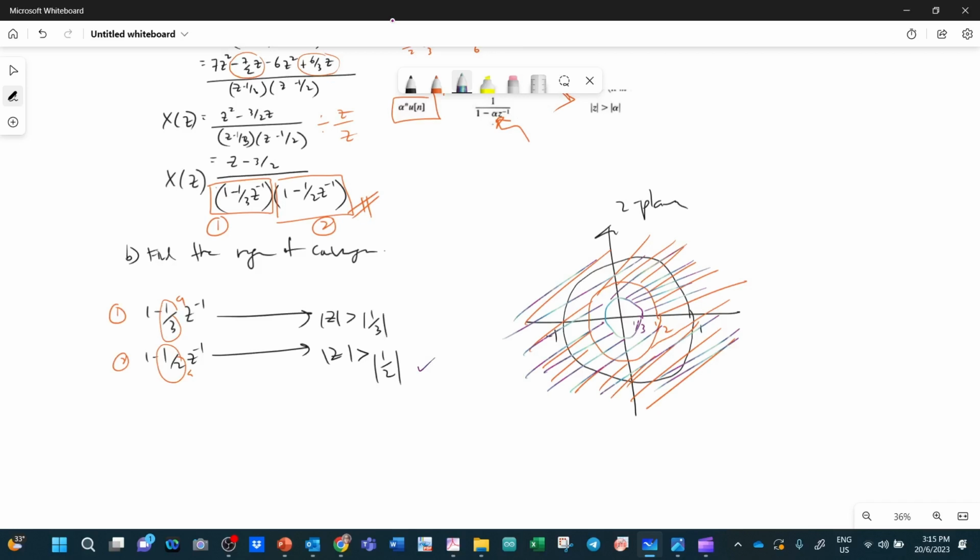So in summary, when you write what is the ROC, based on x[n], the ROC will be more than 1 over 2.